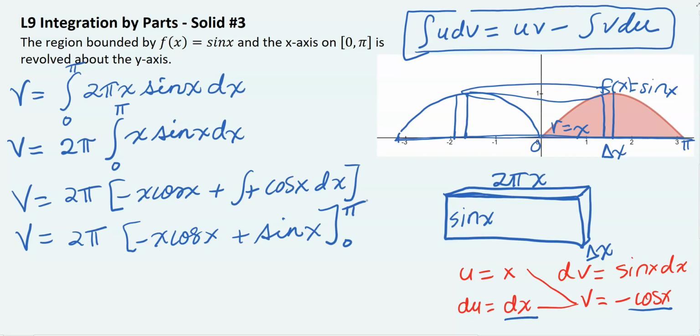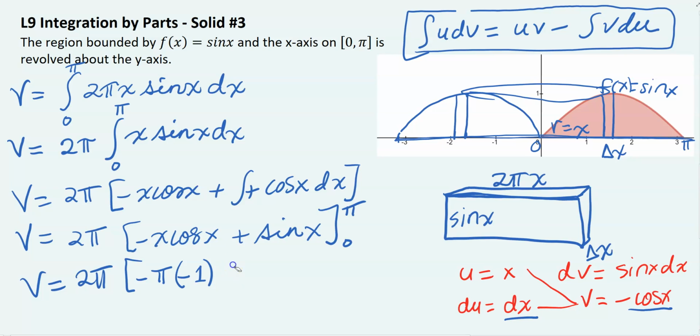And when we do that, we would have volume equal to 2 pi multiplied by negative pi, cosine of pi, and cosine of pi is negative 1, plus sine of pi, which is 0, so I don't need that.